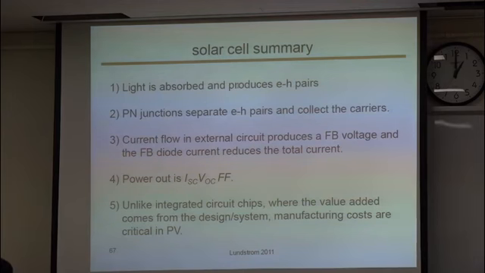Based on this information, we could define the efficiency of the solar cell, right? This one.